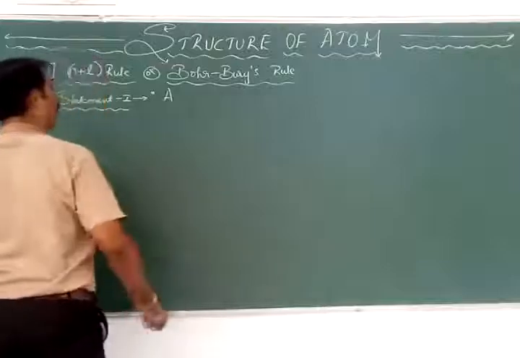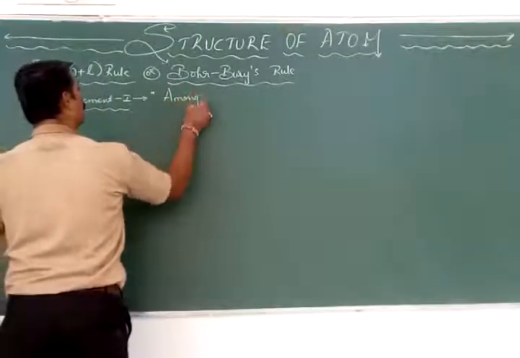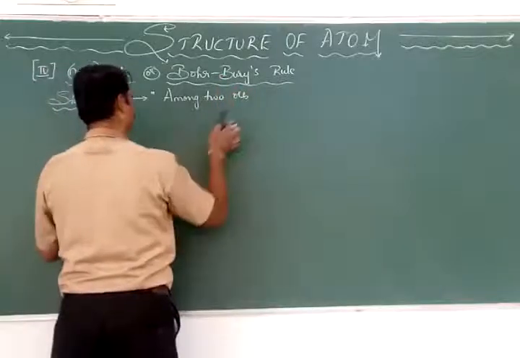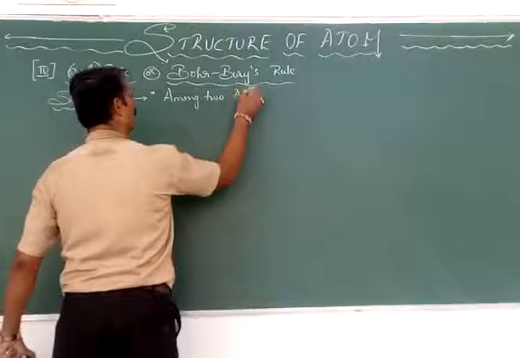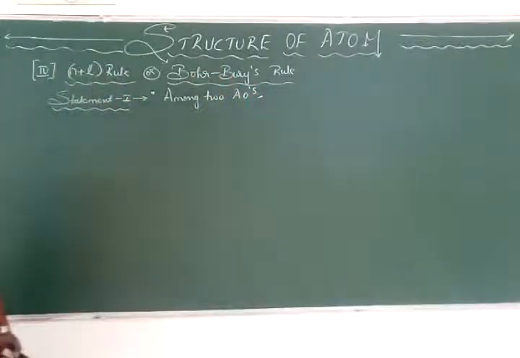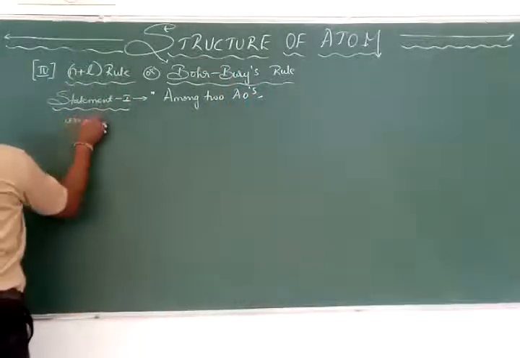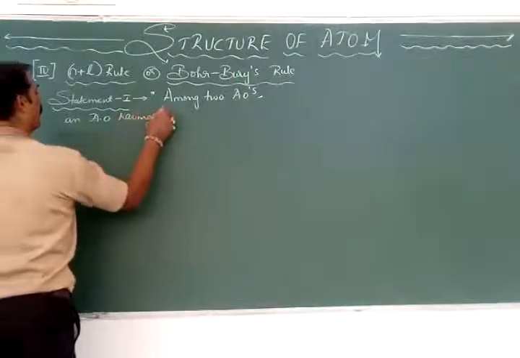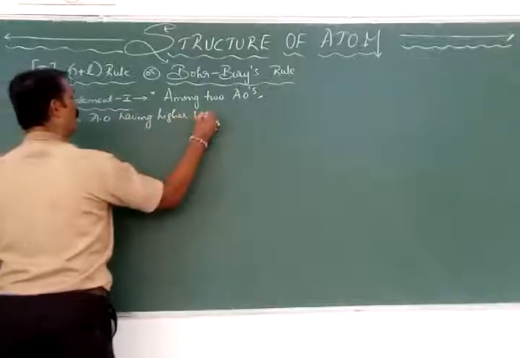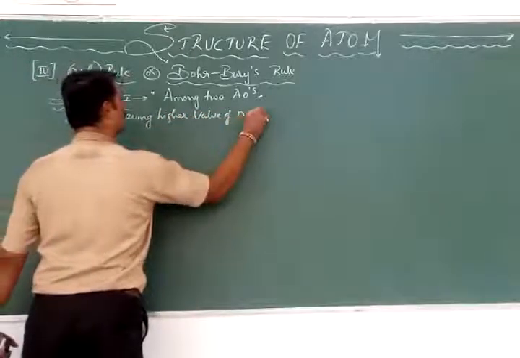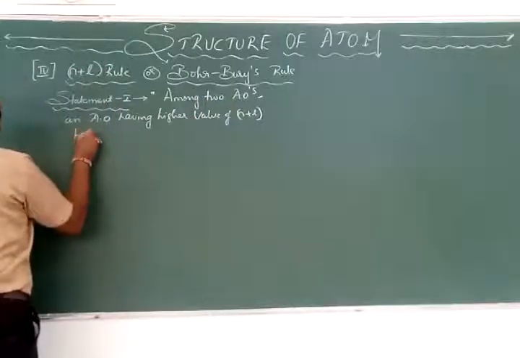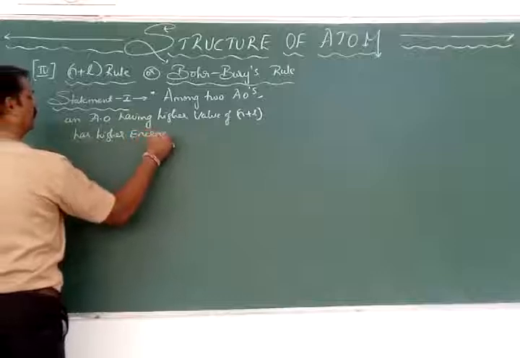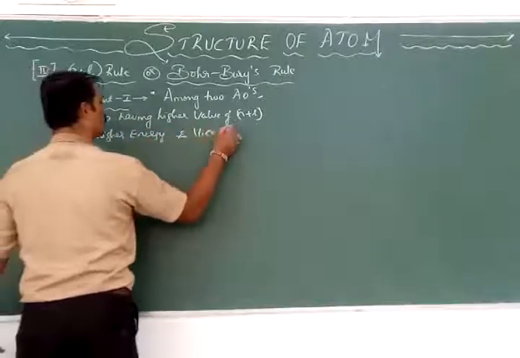Among two atomic orbitals, an atomic orbital having a higher value of N plus L has higher energy, and vice versa.